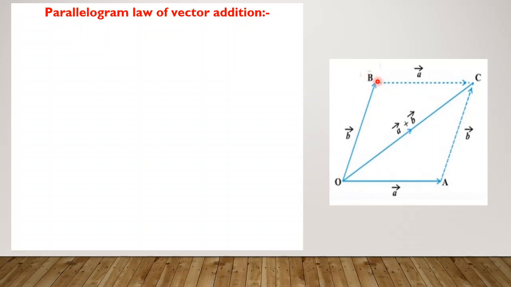Keep in mind, if I add any two adjacent sides of a parallelogram, the resultant vector in magnitude and direction is represented by its diagonal. So again, when we add any two adjacent sides of a parallelogram, the result is represented by the diagonal of the parallelogram in magnitude and direction.